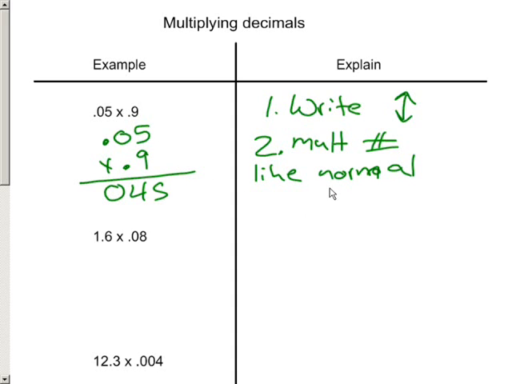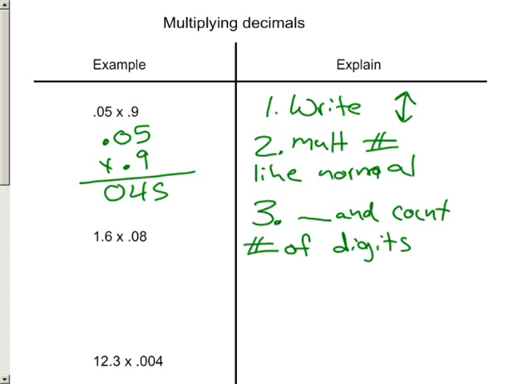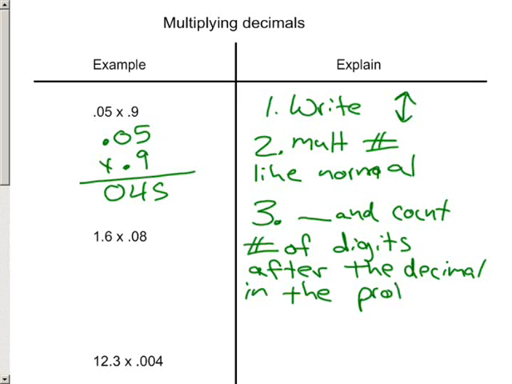All right, now, this is the important part. You're going to underline and count the number of digits after the decimal in the problem. Okay?